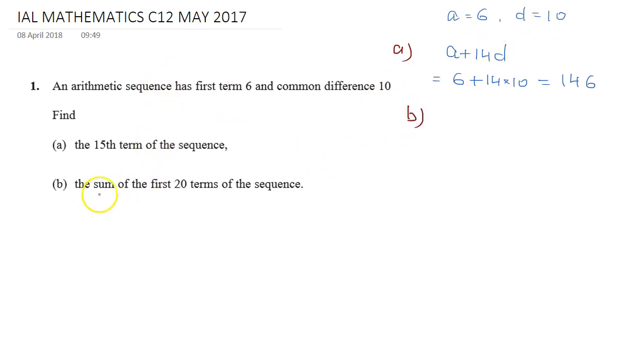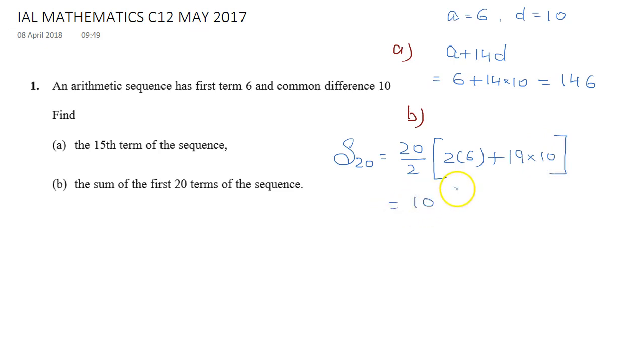Part b. The sum of the first 20 terms of the sequence. The formula for the sum is n over 2, with n equal to 20, times 2a, which is 6 plus, n minus 1, 20 minus 1 is 19, and d is 10.